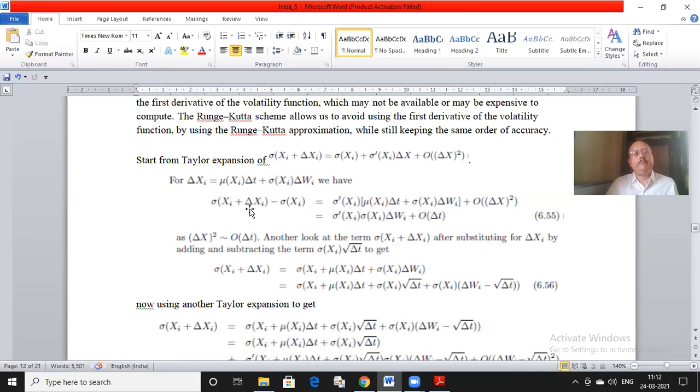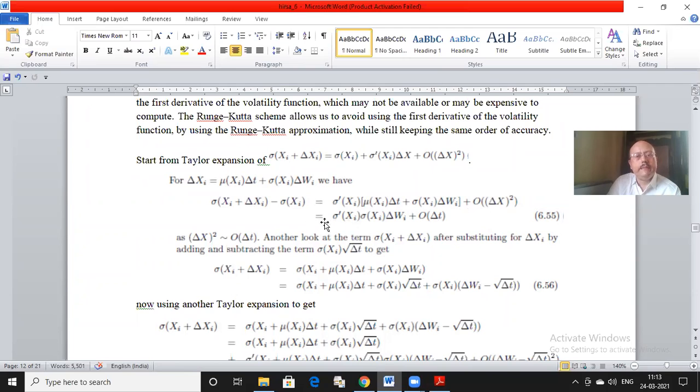I'm looking at sigma at Xi plus delta Xi minus sigma Xi, as in here, which is sigma prime Xi delta X. So delta X I now replace by this Eulerian approximation plus the error as before, and this error is actually of the order of delta t.